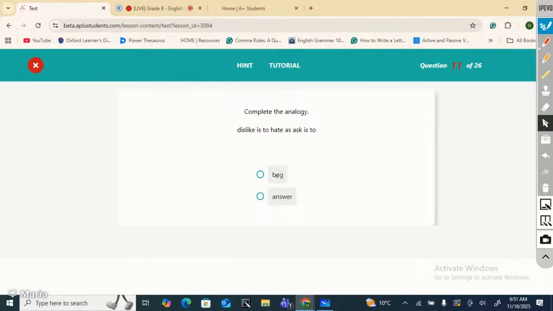Now answer this one as well. Dislike is to hate. Dislike is less severe than hate in degree. So, what is less or higher in degree than ask? Ask is to beg or answer.